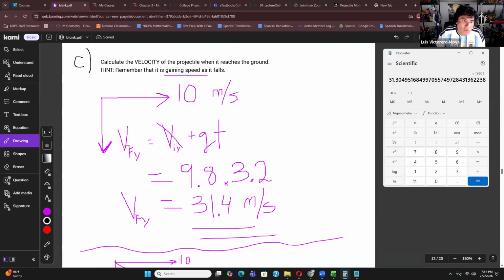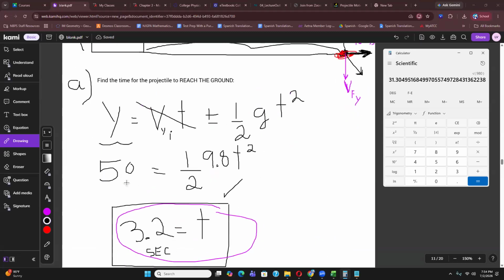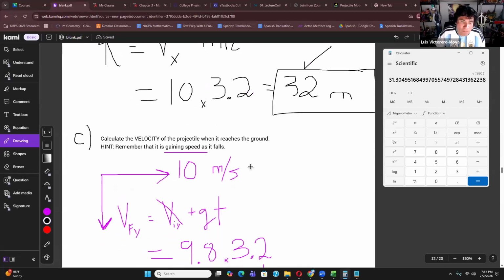What height do you use? I used 50 for height and 8.91 for gravity. It's 9.8. Gravity is 9.8. Oh yeah, I got it confused. Thank you. Okay, you get the same.